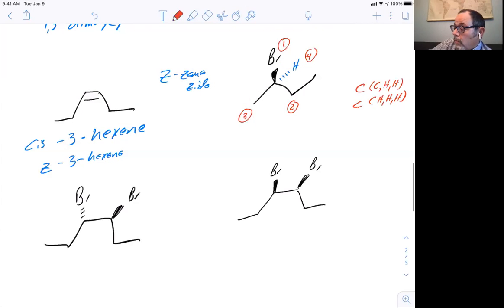If we draw from 1 to 2 to 3, we see that's going in the clockwise direction, and clockwise is R. We just have to check our lowest priority, and it is back. So this one is R, so this would be R-2-bromobutane.